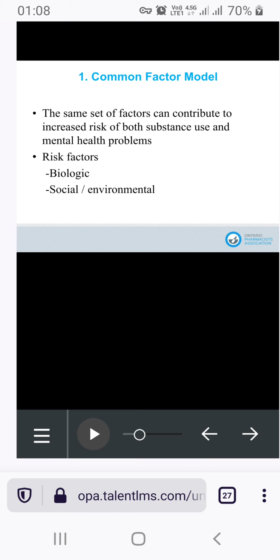Risk factors: biological, social, environmental.